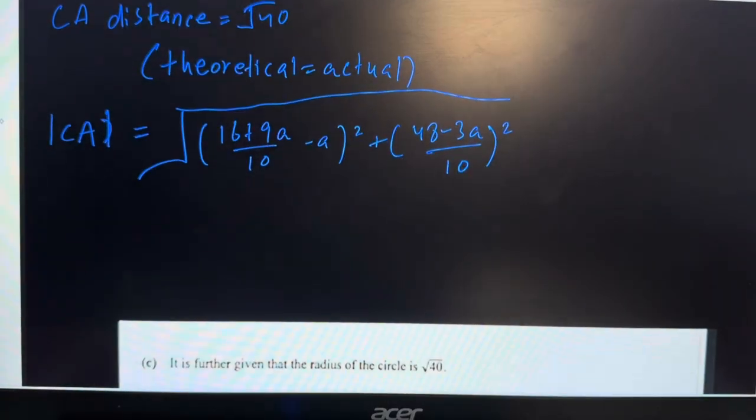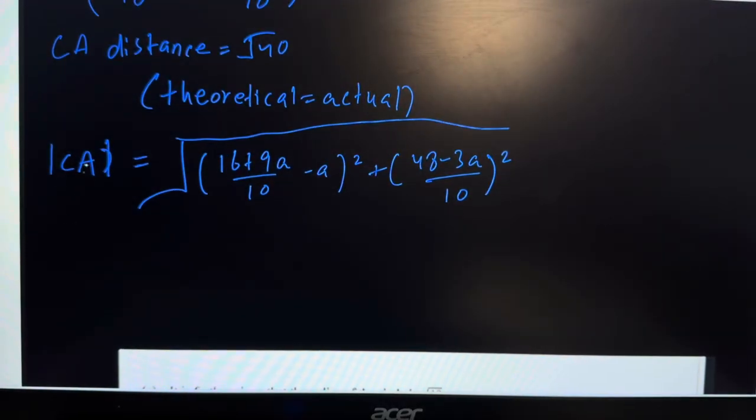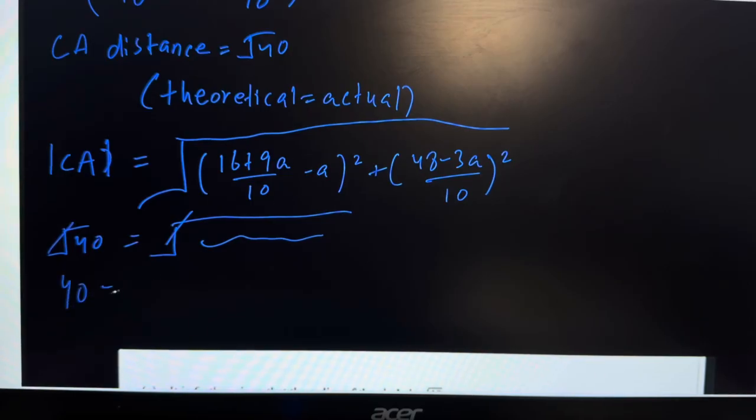But look, CA is equal to under root 40, so under root 40 is equal to under root of all this, the under roots cancel with each other, so this gives us 40. We can just use the squared here.